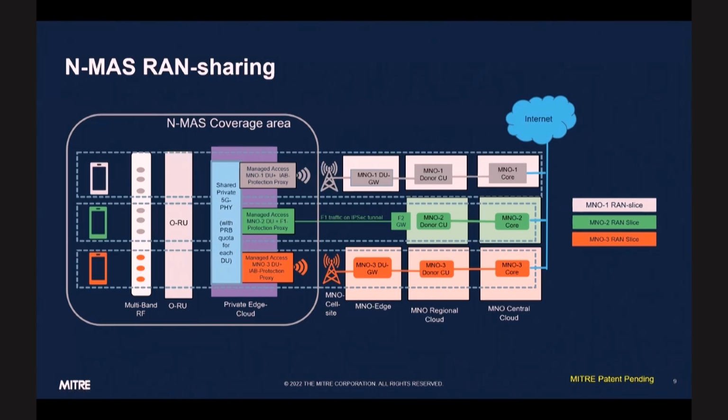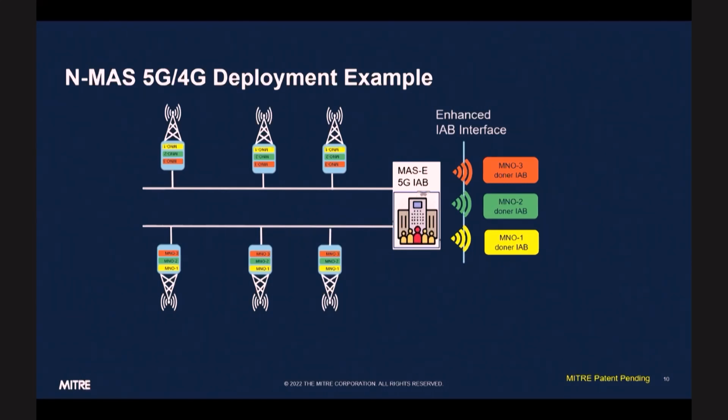Basically, the way it works is that, using a single frequency band, which could be a licensed band from one of the operators, the campus managed access RAN is deployed, and then we support that for all the three PLMNs of all the three operators, and then connect to these operators either via wired F1 or via wireless IAB.